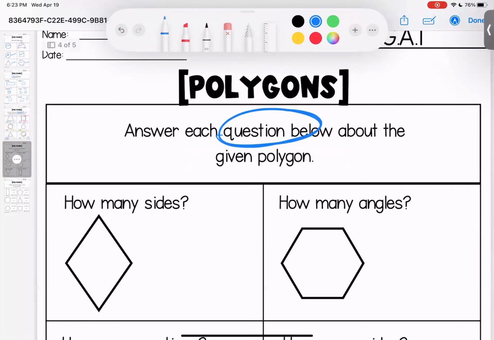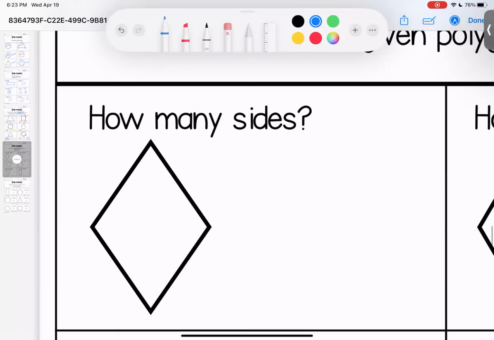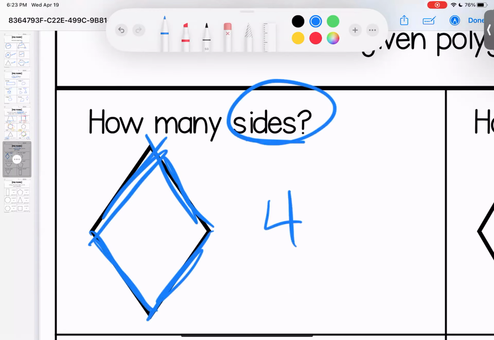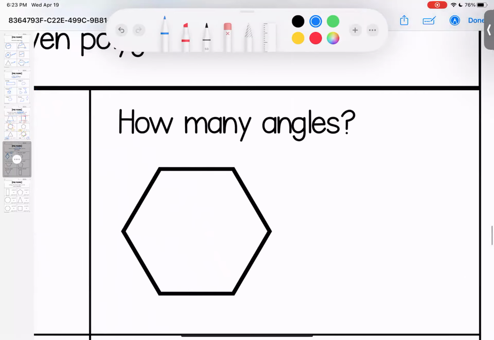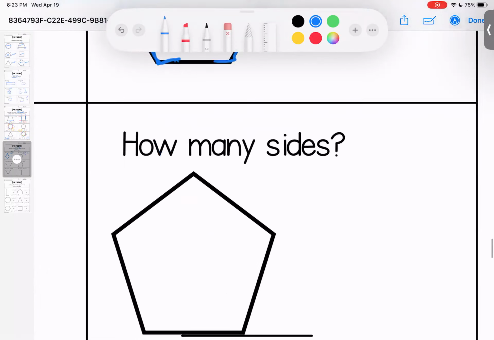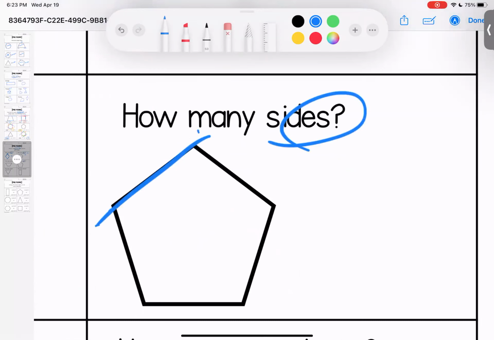All right, you had different questions for each of your polygons to answer. How many sides? 1, 2, 3, 4. There are 4 sides. How many angles? 1, 2, 3, 4, 5, 6 angles. How many sides? 1, 2, 3, 4, 5.